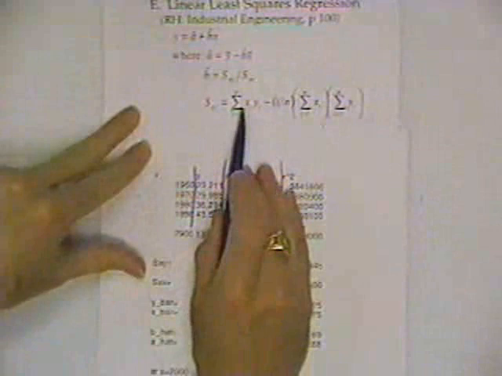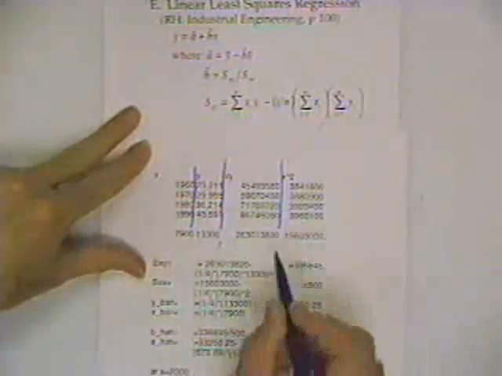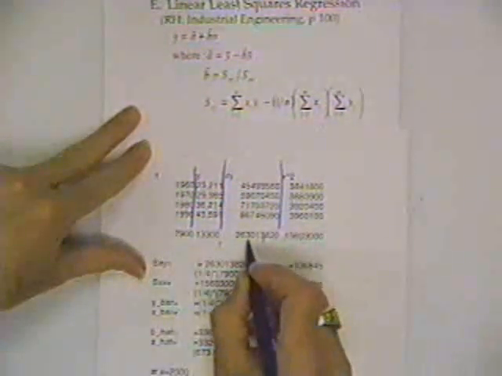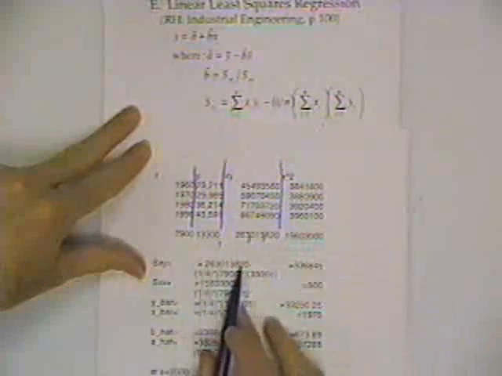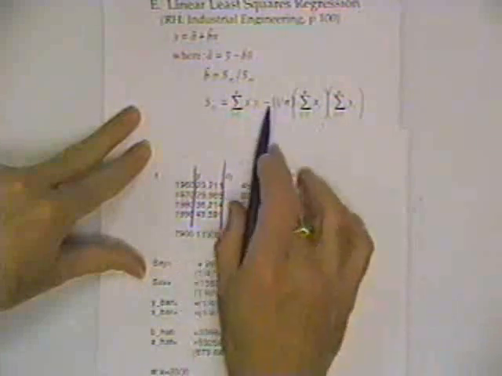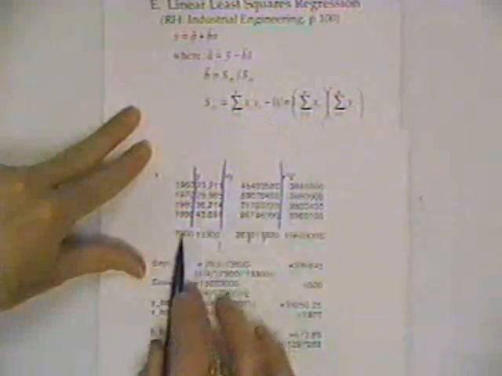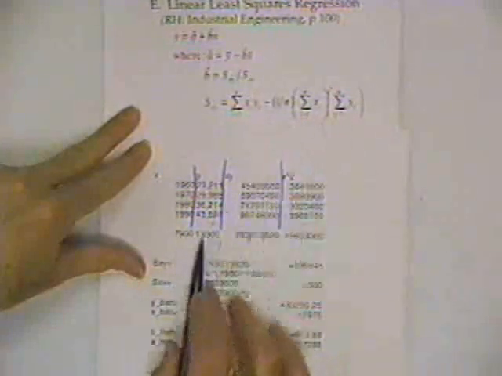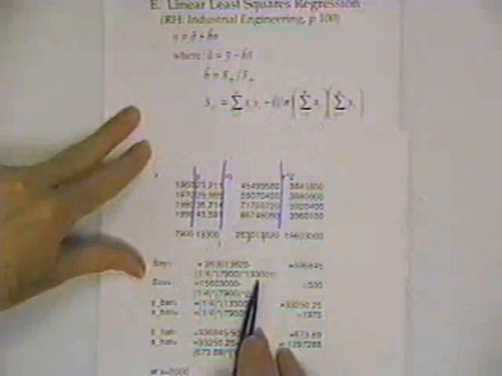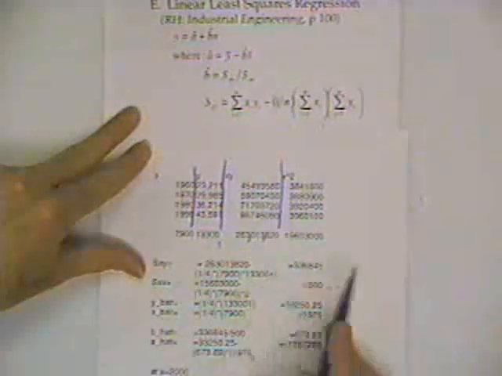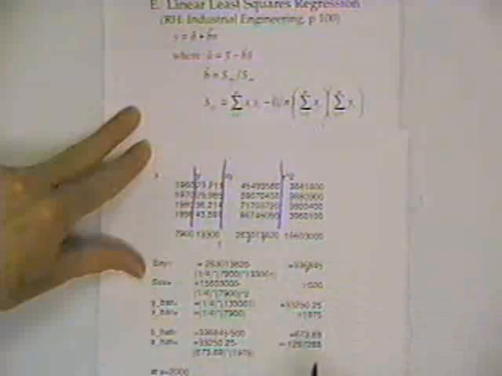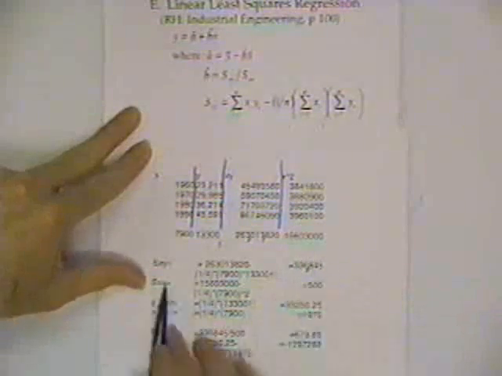Then going back and looking at the formulas, first we can calculate the value of S of XY. It's the sum of x_i y_i, in this case this long number here, 263 million. Then we subtract 1 over n, in this case 1 over 4, times the summation of X, which is 7,900, times the summation of Y, which is 133,001. We calculate that as 336,000.